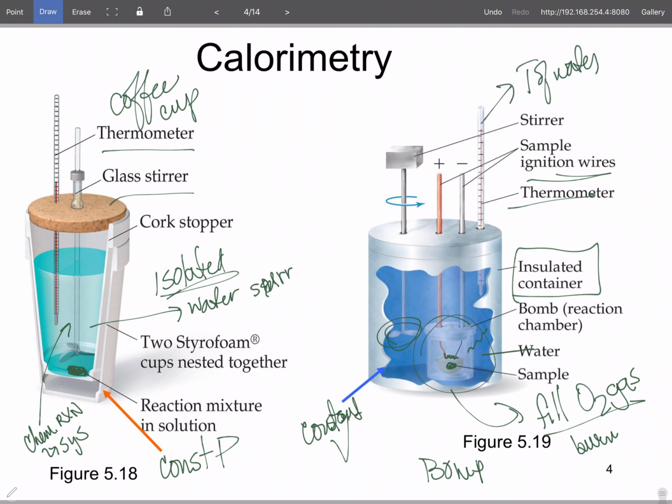Now, what's the advantage? Well, you can take items that don't burn easily and get them to burn in a bomb calorimeter. And actually, bomb calorimetry is how they measure the caloric content of food, because they put a little amount of whatever the food is into the bomb, and they fill it with oxygen, and it burns.